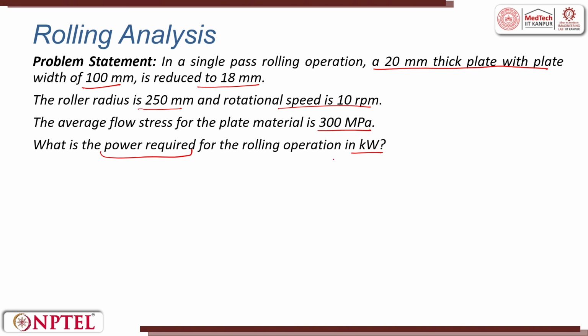You can see in the statement we have been given the value of the initial thickness, the final thickness. Initial thickness is 20 millimeters, final thickness is 18 millimeters, and we have been given the radius of the roll as 250 millimeters. Rotational speed in rotations per minute, it is rpm, is 10 rpm.